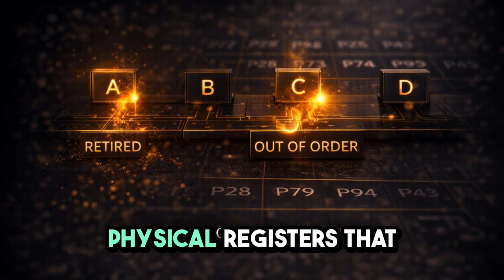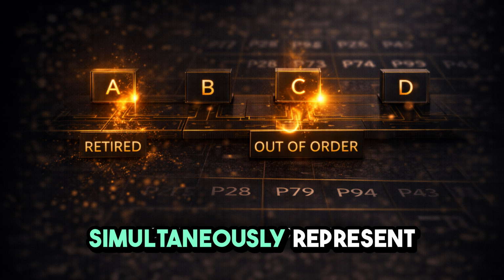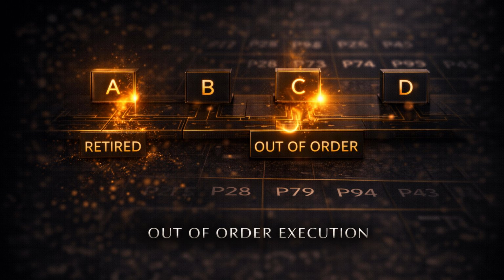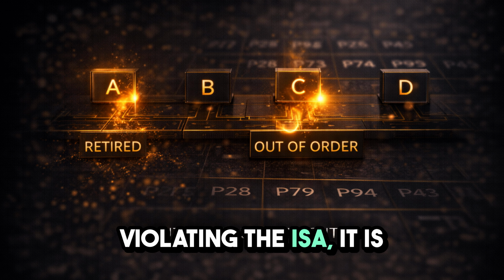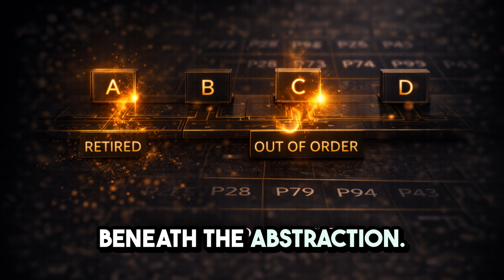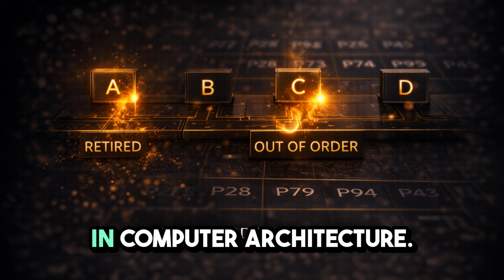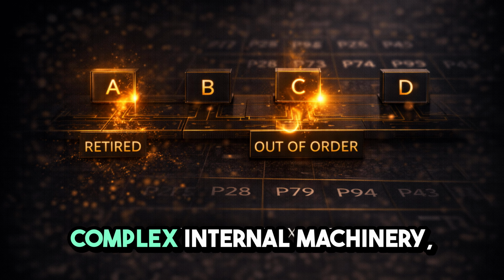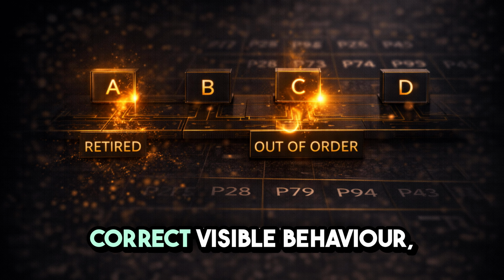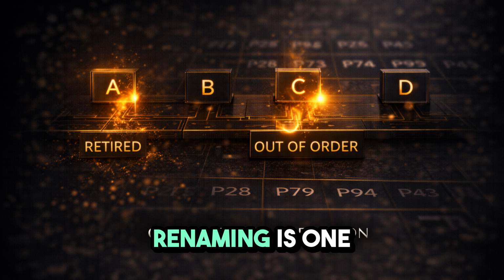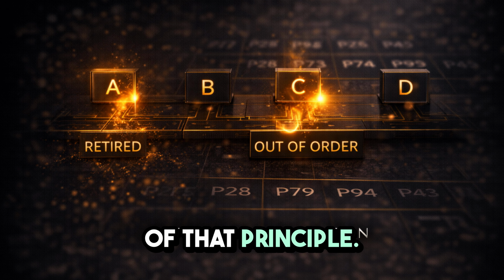Hardware may have many physical registers that successively or simultaneously represent different speculative versions of R1. So the machine is not violating the ISA. It is refining the implementation beneath the abstraction. This is a general pattern in computer architecture. Simple architectural contract, complex internal machinery, correct visible behavior, high internal parallelism. Renaming is one of the cleanest illustrations of that principle.